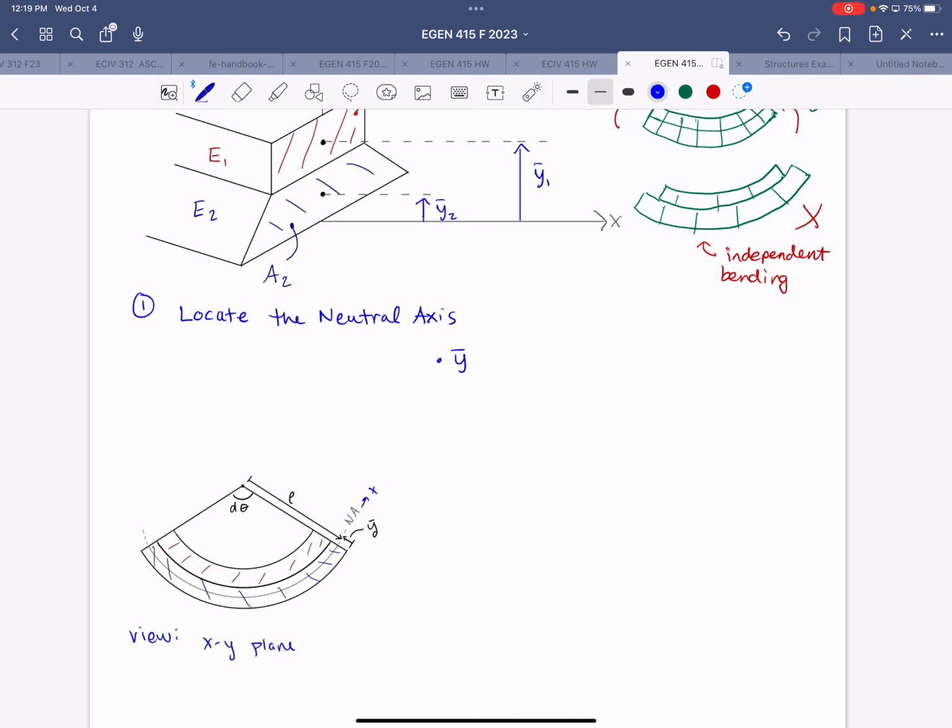From this image, Y bar is representing the location of the neutral axis measured from the bottom, assuming positive curvature.